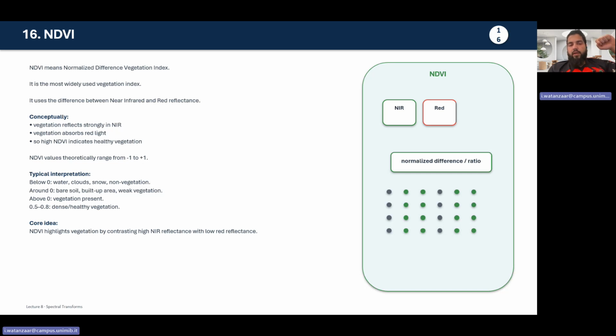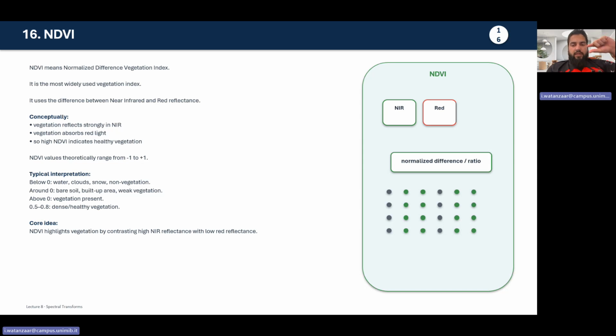If it is above zero, we are crossing that threshold and vegetation is present. So 0.1 is above zero, meaning vegetation is present, and around zero means near zero, like 0.025, as I said in the example.